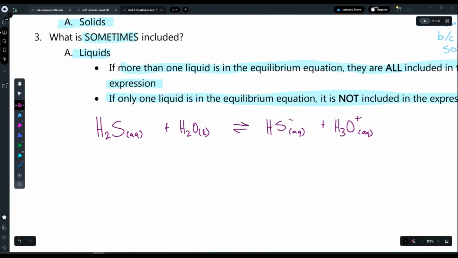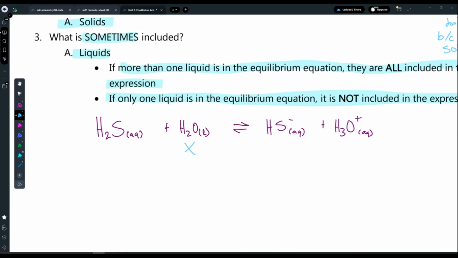If we were to create an equilibrium law expression from this reaction at equilibrium, we would not include water here because we only have one liquid.